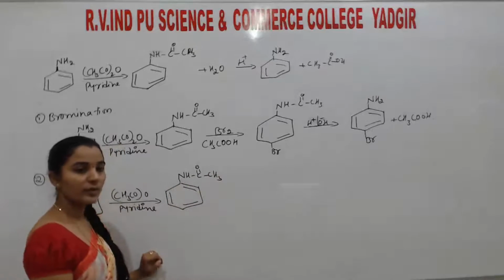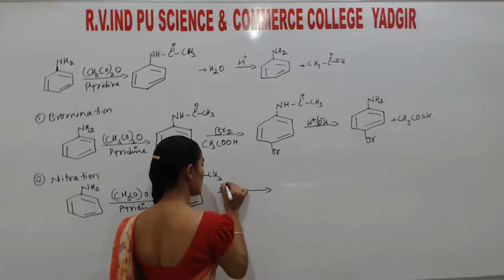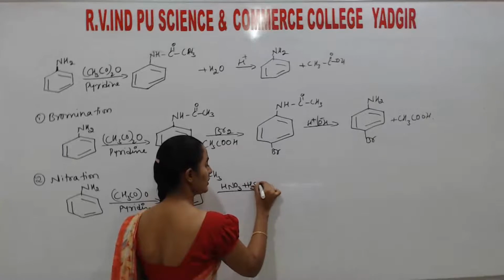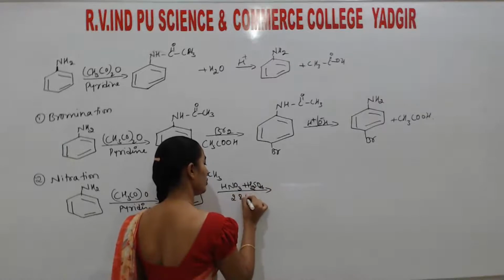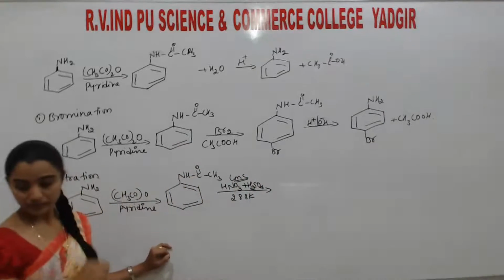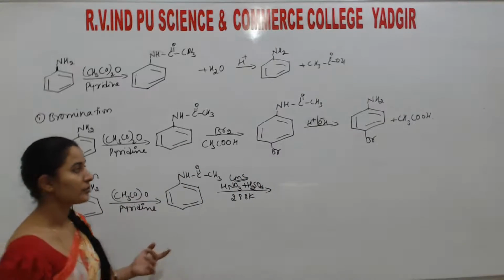So after the group is protected, now the nitration takes place. Nitration means a mixture of concentrated HNO3 and concentrated H2SO4 at 288 Kelvin. Both are concentrated here.